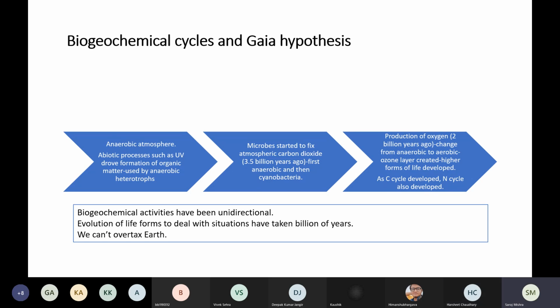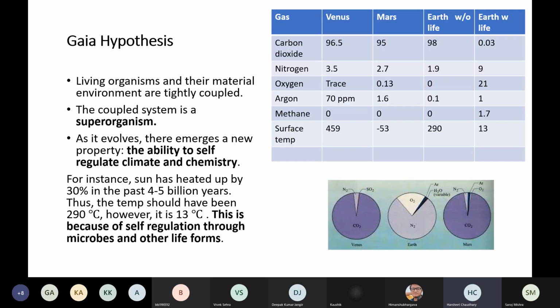Ma'am, the percentage mentioned on the slide, for Earth with life and Earth without life, what is the percentage reflecting? Is it out of the total gases present, nitrogen is 9%? Oxygen is 21.